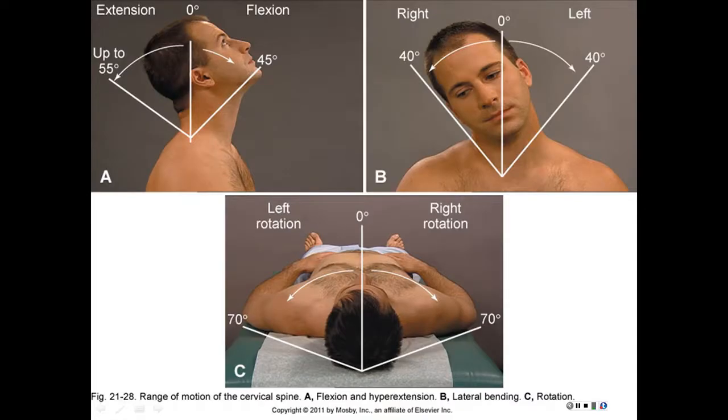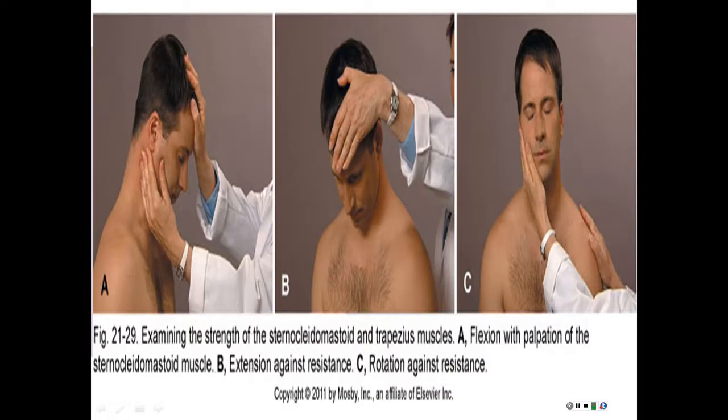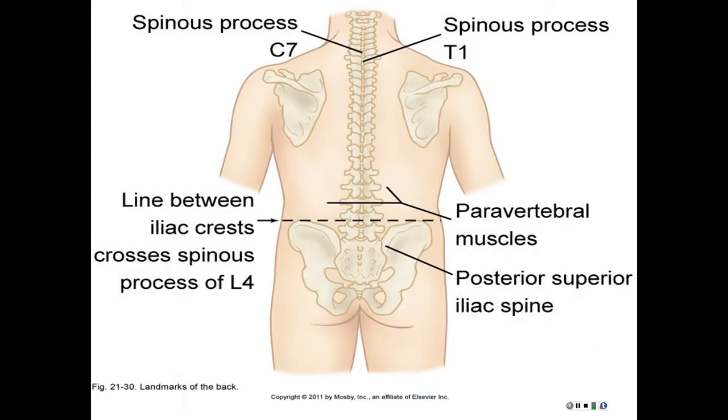So here's his sternocleidomastoid, and the trapezius being on the back, and you're going to see how much you can rotate. Here's the normal. And then you're going to do that against resistance, and here he's pushing wherever she touches him on his head.